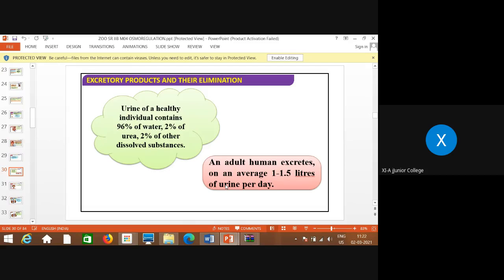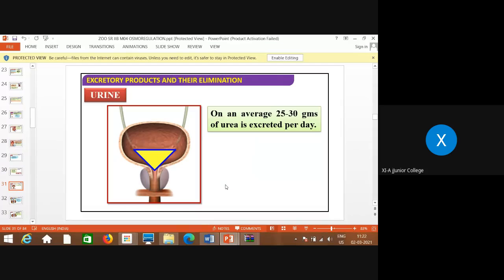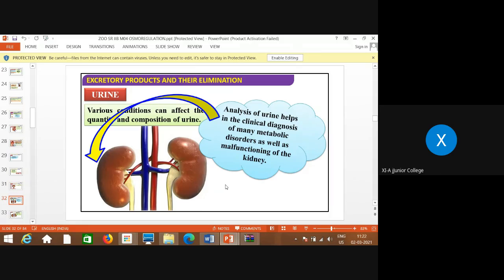An adult human excretes on an average 1 to 1.5 liters of urine per day, and on an average 20 to 30 grams of urea is excreted per day. Various conditions can affect the quantity and composition of urine. Analysis of urine helps in the clinical diagnosis of many metabolic disorders as well as malfunctioning of the kidney.